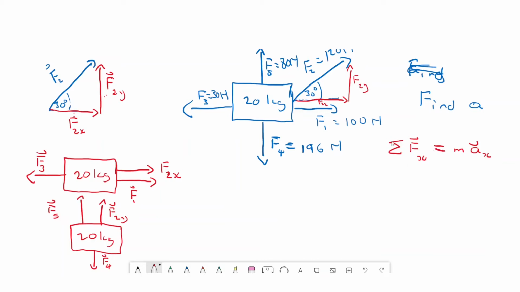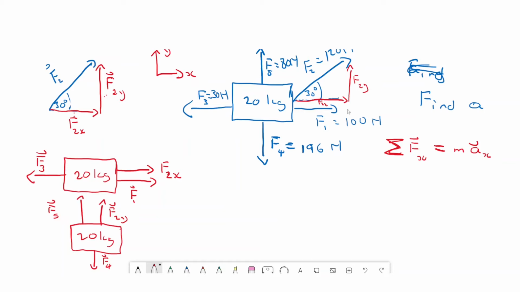I will tell you how you are going to say whether your assumption was correct or not. All right, so I'm going to choose my directions. It's always good to show your examiner what directions you chose as positive and what direction you chose as negative. So I'm going to choose this one as positive, this one as negative.